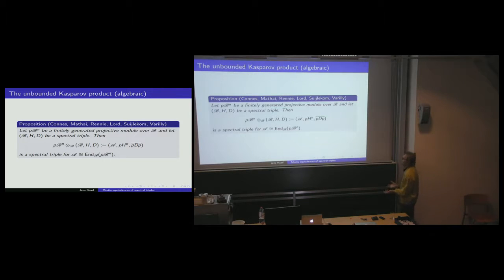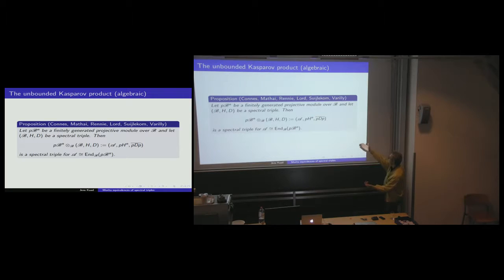Then you can form a new spectral triple by taking the tensor product with this module. And it's now going to be a spectral triple over another algebra, and the algebra is going to be the bilinear endomorphisms of this module. Okay? That's a new algebra. And then I form a new Hilbert space. It's just given by, okay, I can look at n copies of the Hilbert space H, and I can cut it down by my orthogonal projection.